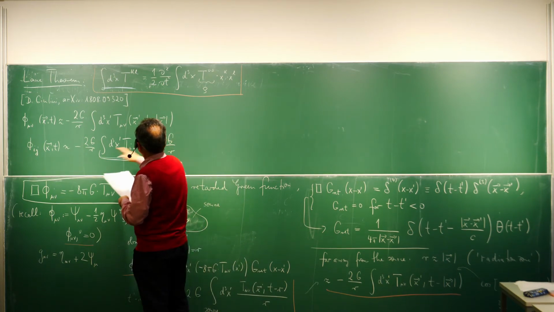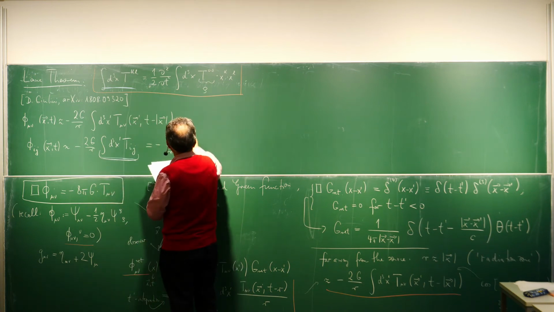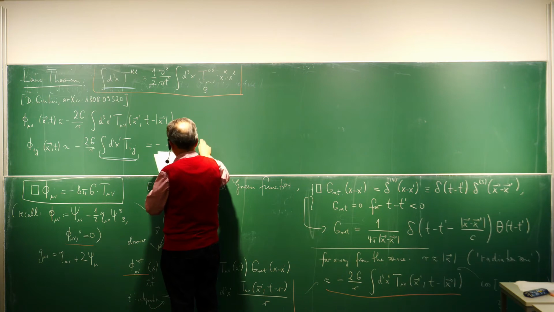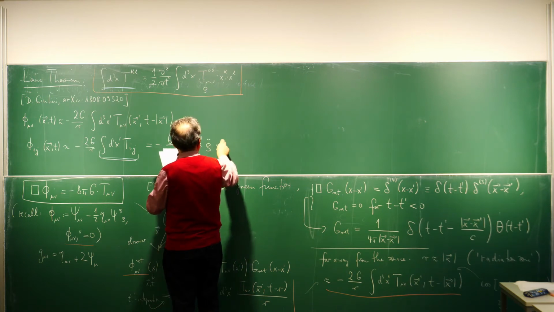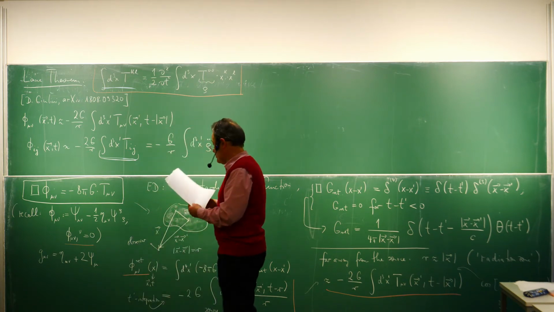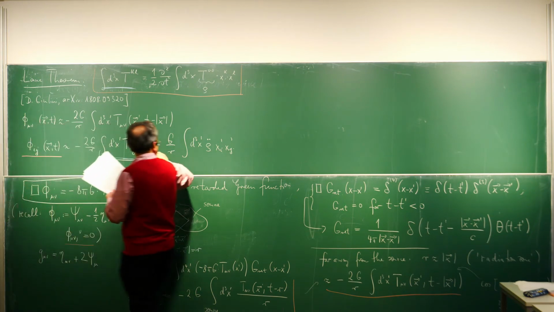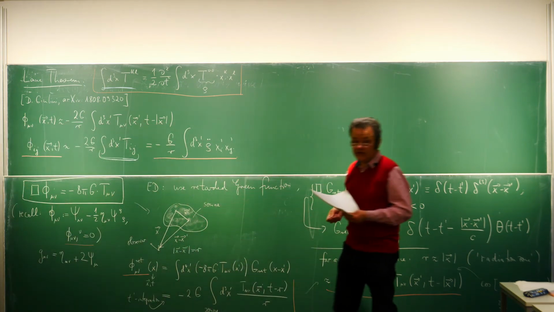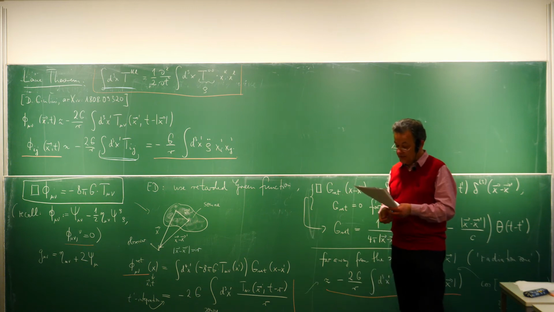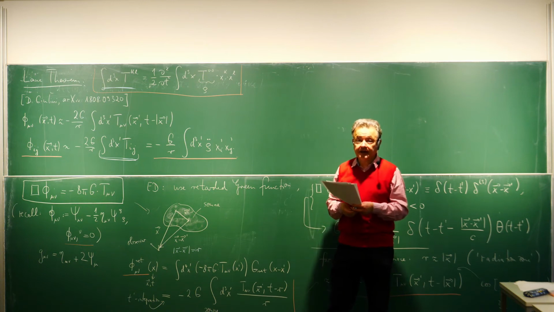So the factor 2 goes away by the 1/2, and we have the integral d3x prime of rho double dot, x_i prime x_j prime. That's the important expression that follows after the Laue theorem has been applied. And of course the rho has to be evaluated at retarded time.